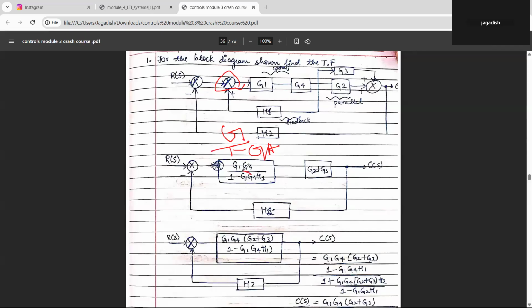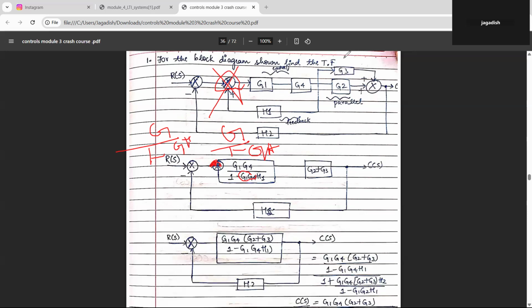It is G1, G4 into H1. This is the formula because it is G divided by 1 minus GH. When I should eliminate the feedback loop, I have to use this formula. This feedback is eliminated; this feedback is not eliminated. Only one feedback you have eliminated.